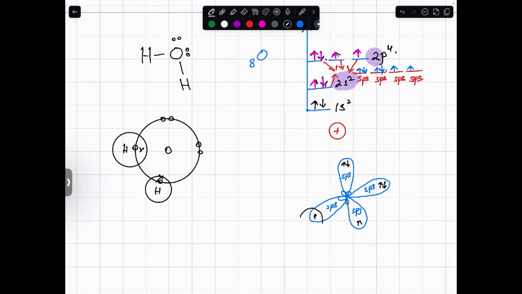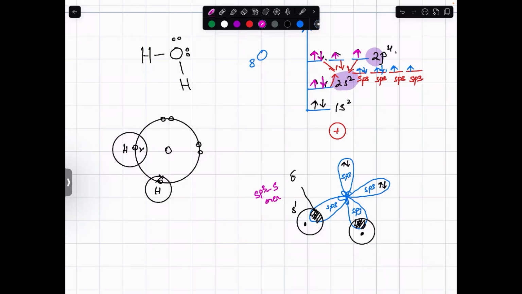So the hydrogen will come, and the hydrogen's s and the sp3 are overlapping. This is head-on overlap. This is also head-on overlap. So this sigma bond is made by which overlap? This sigma bond is made by sp3 and s overlap.